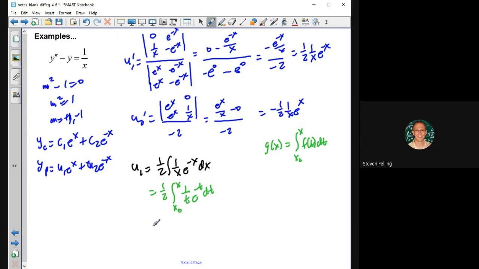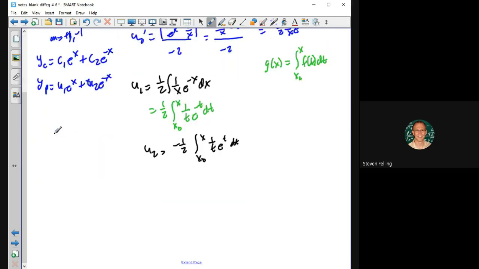And then similarly, we would say u2 is negative 1/2 times the integral from some starting x to x of 1 over t, e to the positive t dt.